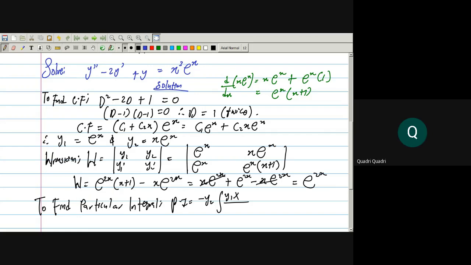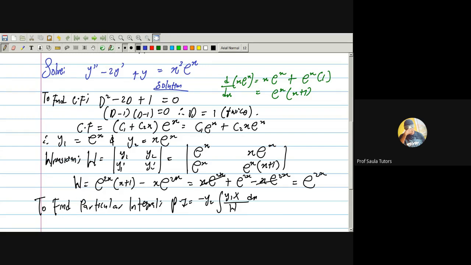Since the Wronskian is not equal to 0, then it is linearly independent, right? Yes, exactly. You can be asked to show that the solutions are linearly independent. Exactly. Do you understand? Yes, I understand. Good. That's the Wronskian theorem.